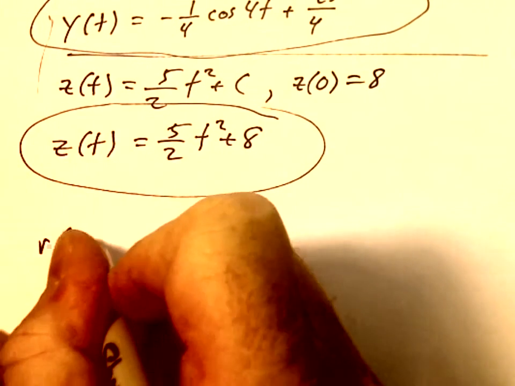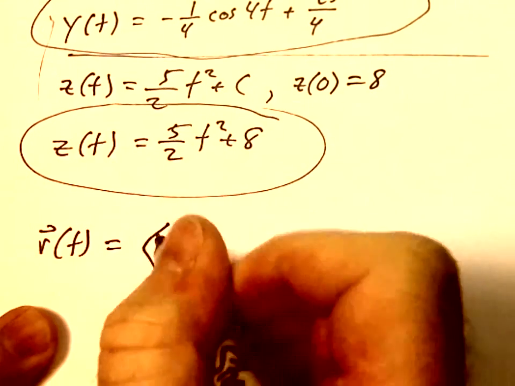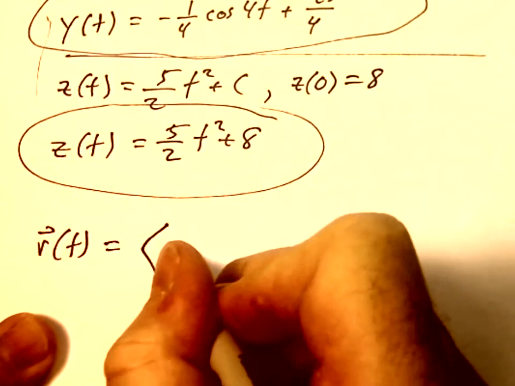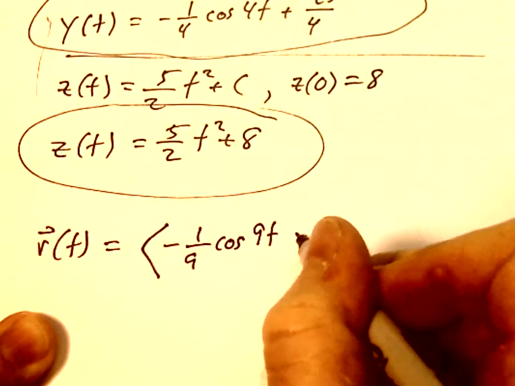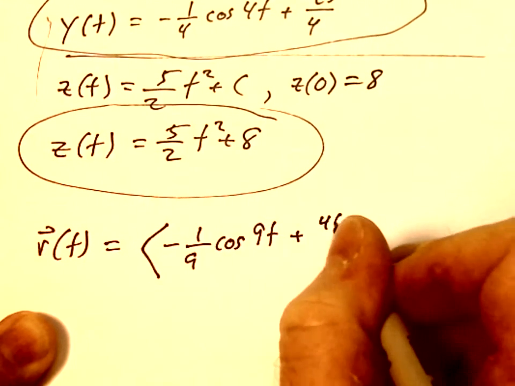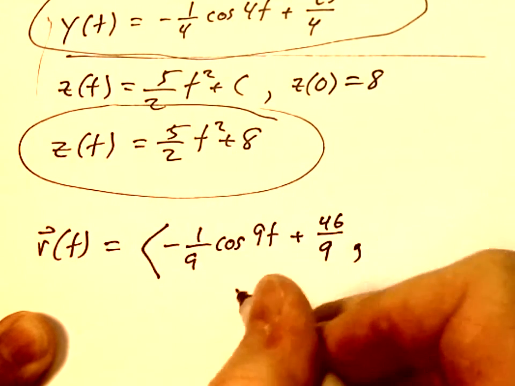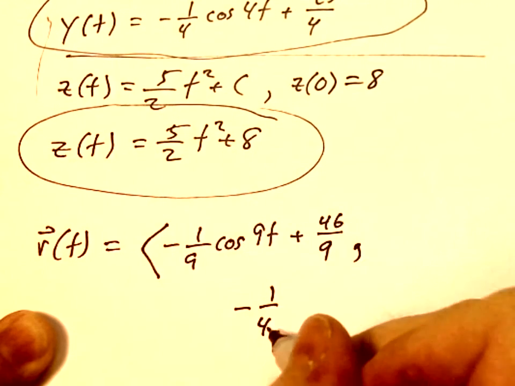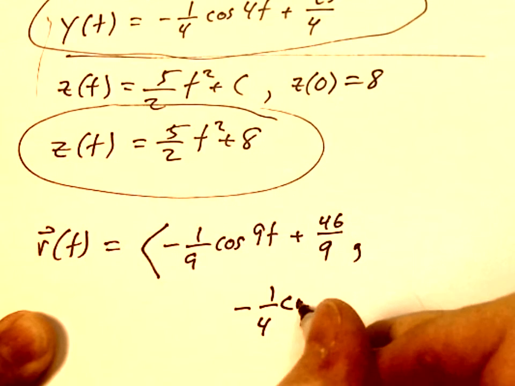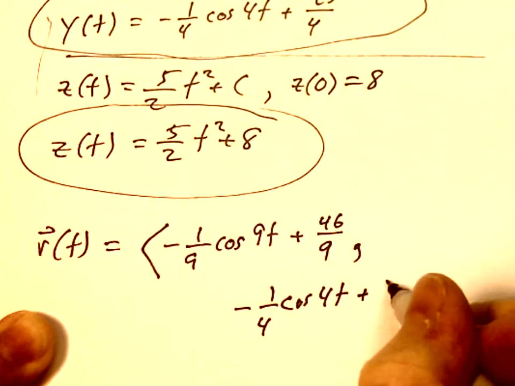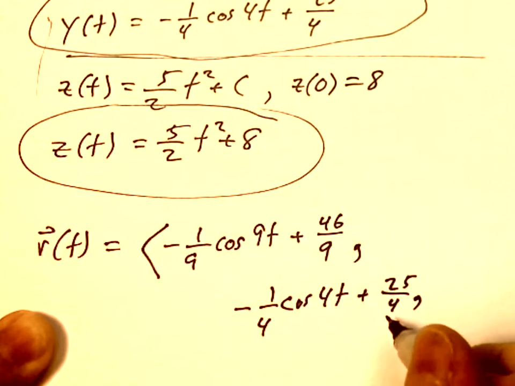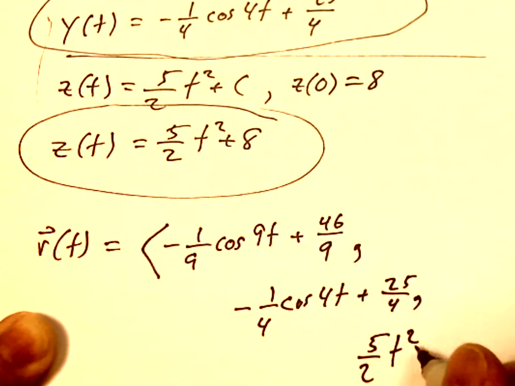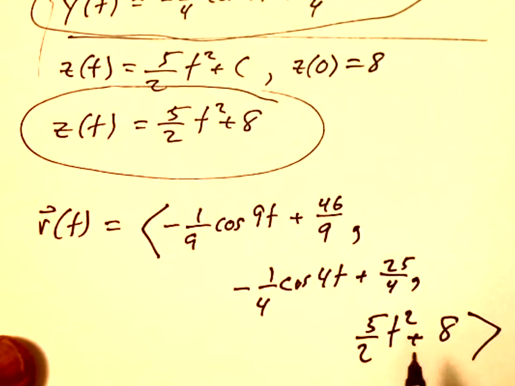So remember, my r of t is going to be negative 1/9 cosine 9t plus 46 over 9, comma, negative 1/4 cosine of 4t plus 25 over 4, comma, 5/2 t squared plus 8. And so this is my solution.